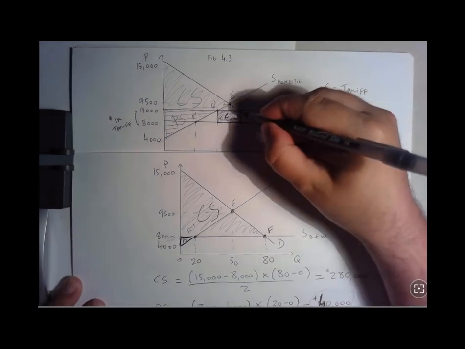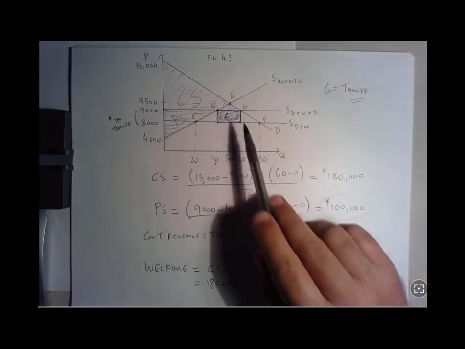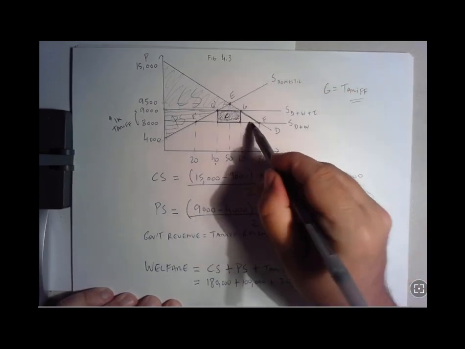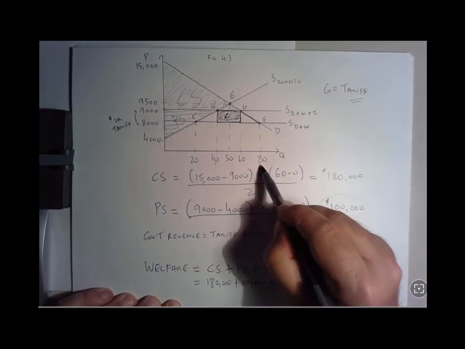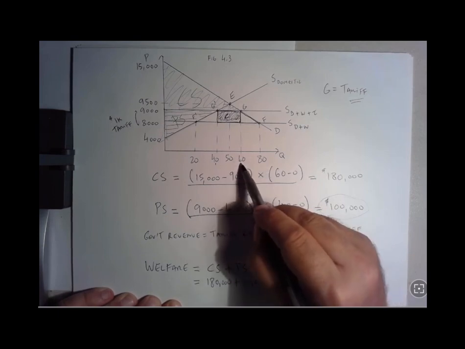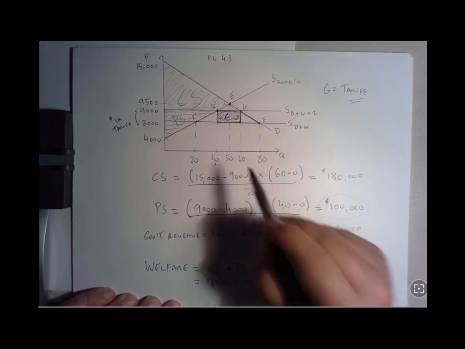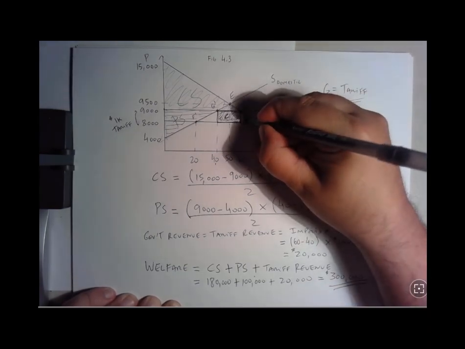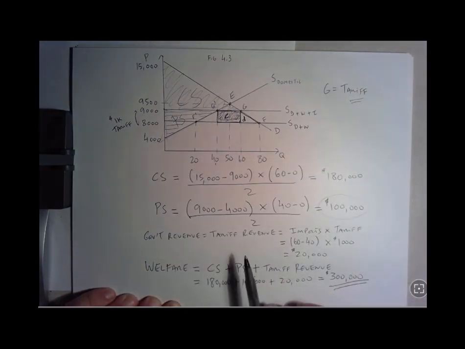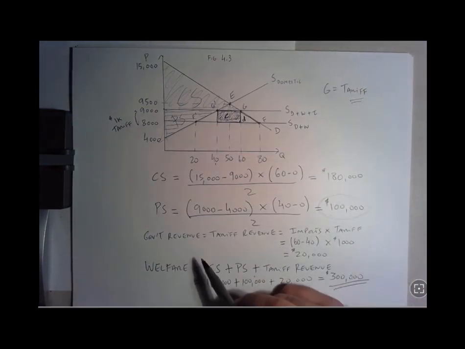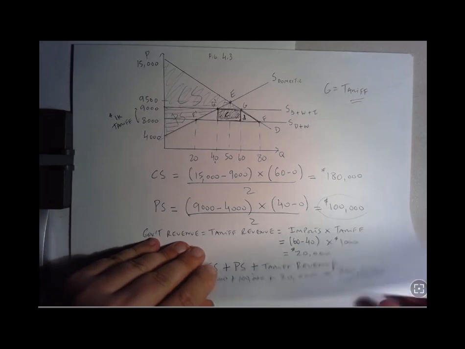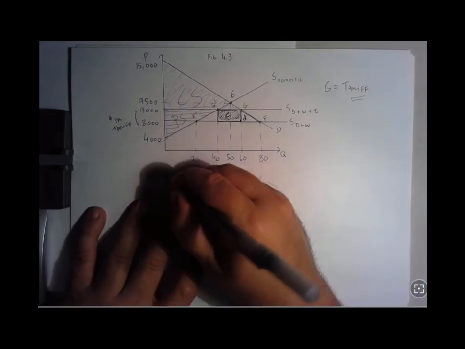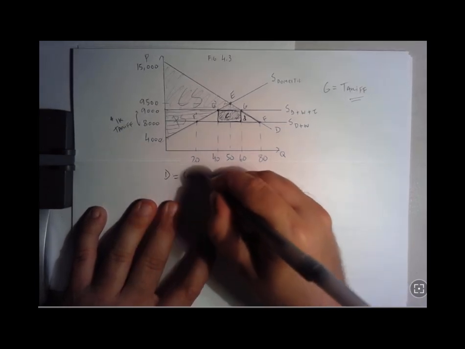Now, this area over here, this triangle limited by how much was consumption before protectionism, how much is consumption after protectionism, and the amount of the tariff. This is what we call area D in figure 4.3. And that area D is the so-called consumption effect.